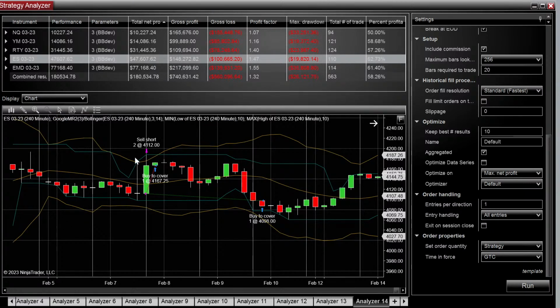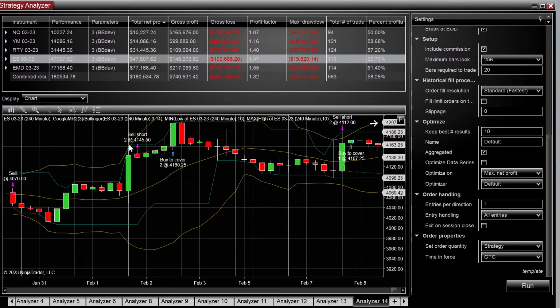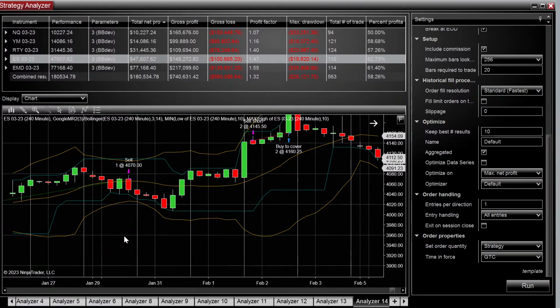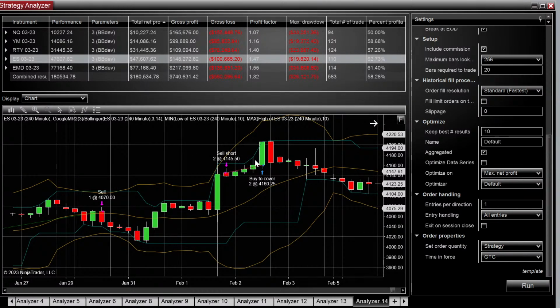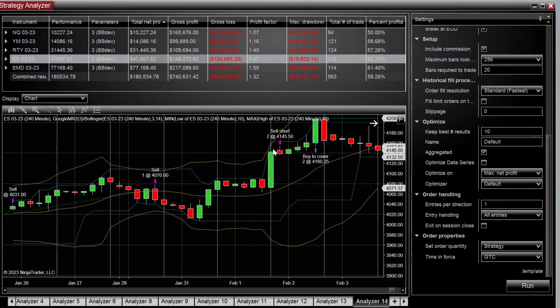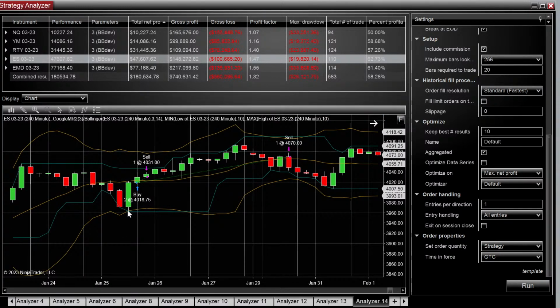So here you can see there was a wick entry. There's a wick, entered short. There's a wick on the bottom.